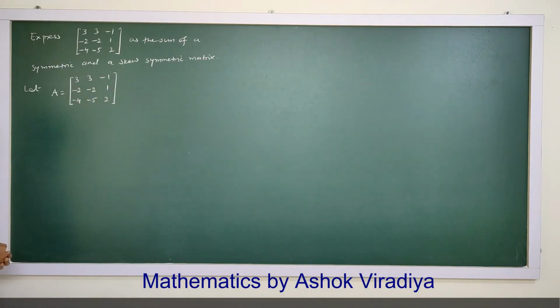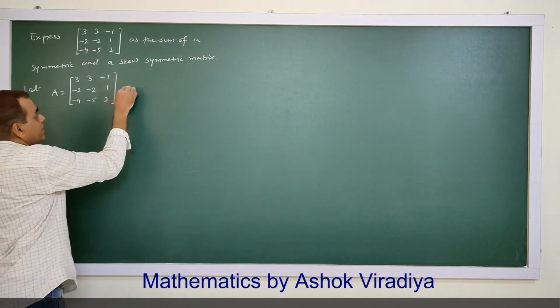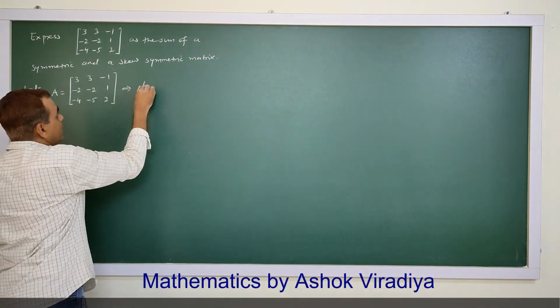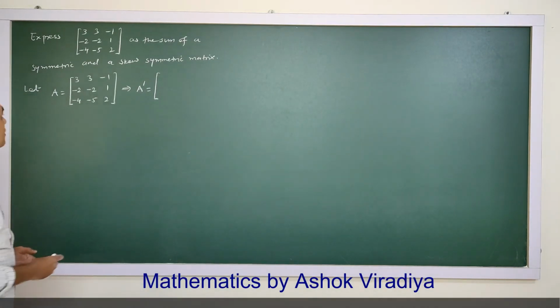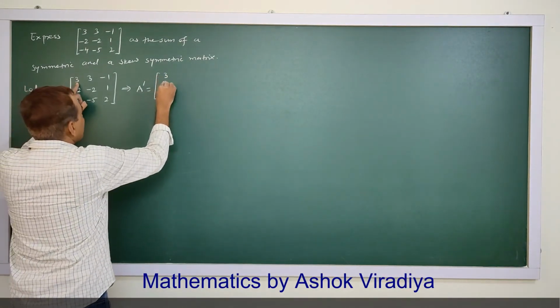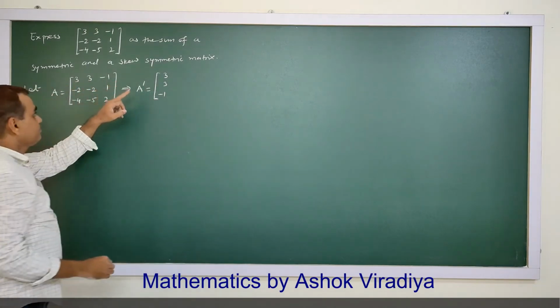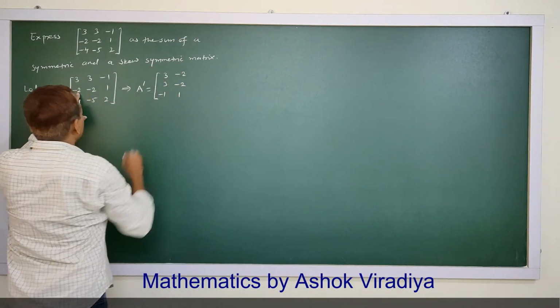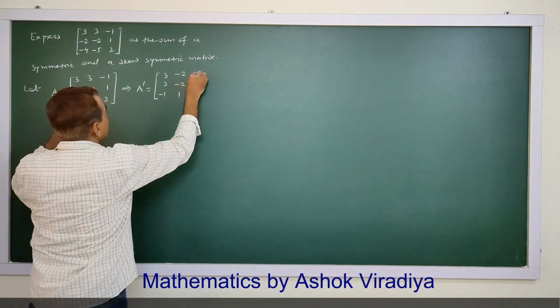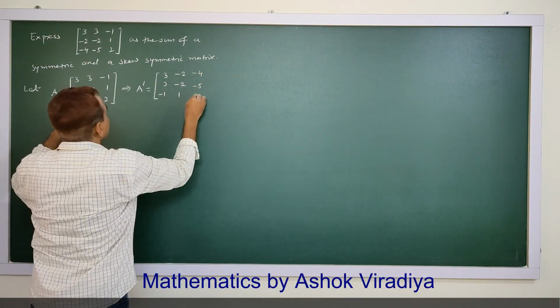This is A. So we find its transpose, which will be required in computing X and Y. A dash is: first row is first column, second row is second column, third row is third column.